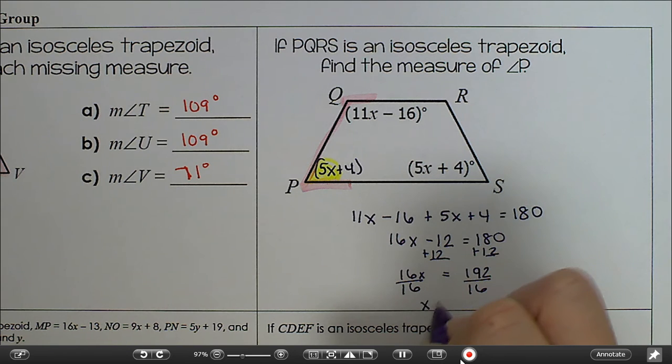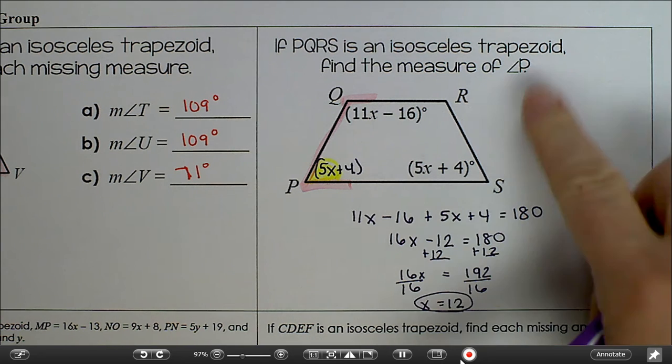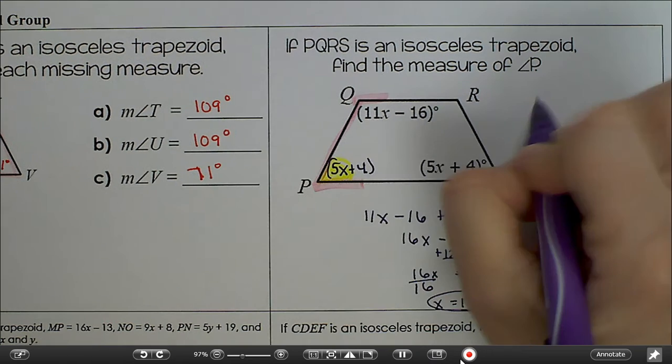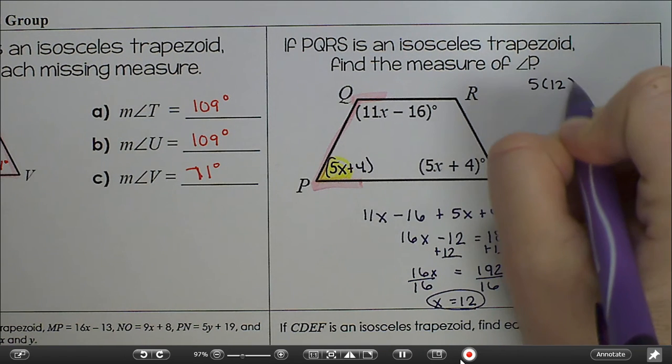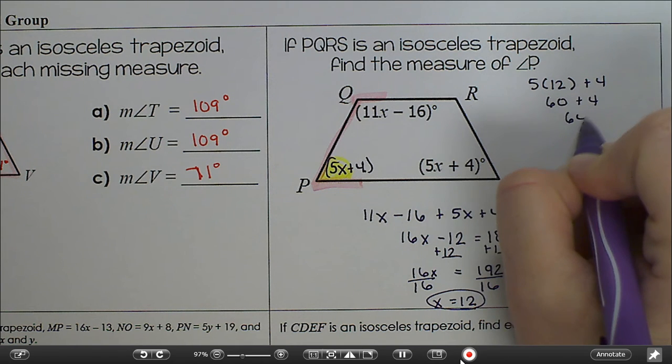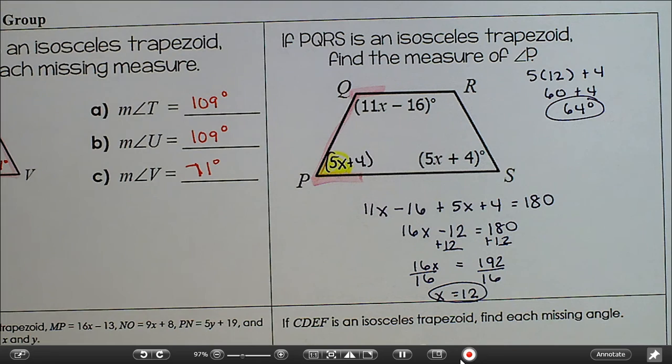So x equals 12. But the problem asked for the measure of angle P, so we need to substitute that in. 5 times 12 plus 4. Angle P is 64 degrees.